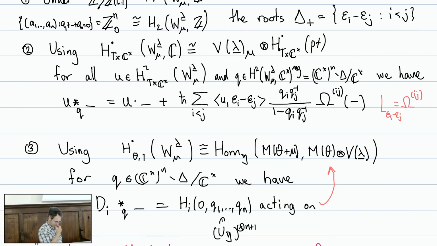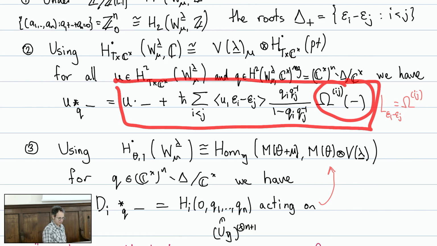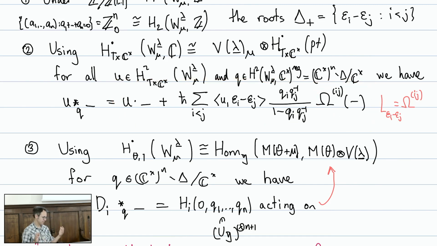Now, third step. Just like before in the equivariant case, we might want to describe not just the terms that are appearing here, but maybe this entire quantum multiplication in some way. In the previous case we needed to use the Yangians, and now we need to use this more sophisticated identification.